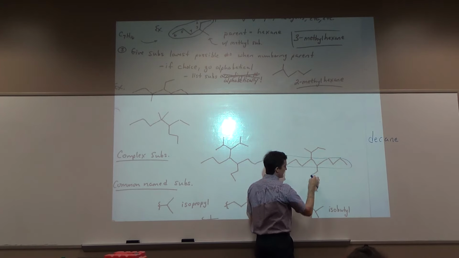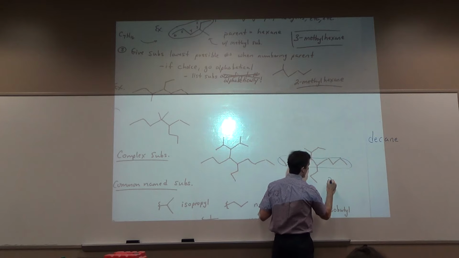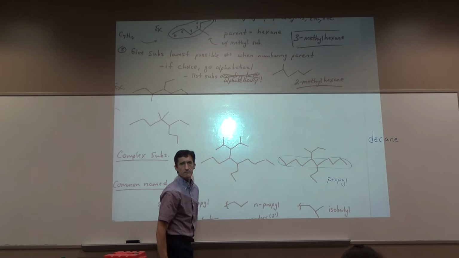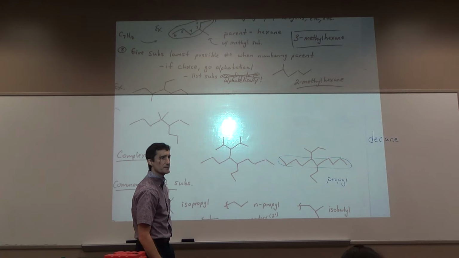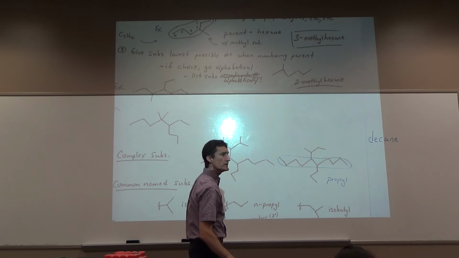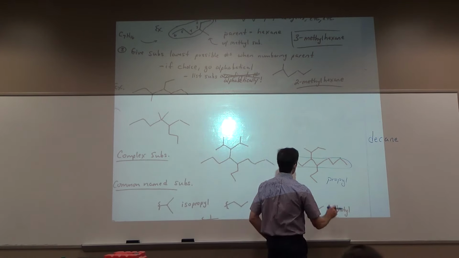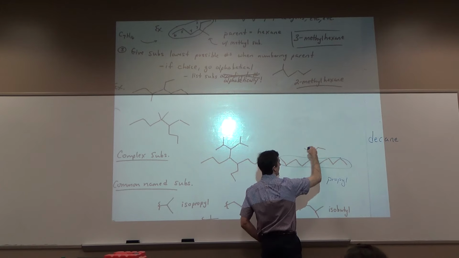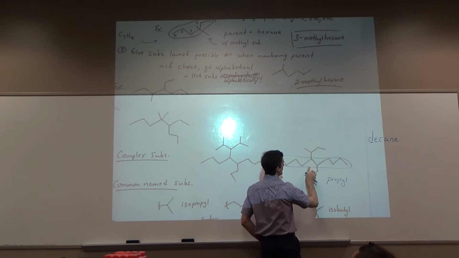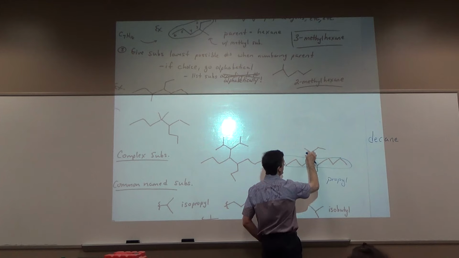What is this here? It's a propyl. Okay, it's a 3-carbon fragment. Propane, but we name it as propyl because it's a substituent, the YL ending. What is this here? That's a complex substituent. It's 1, 2, 3.